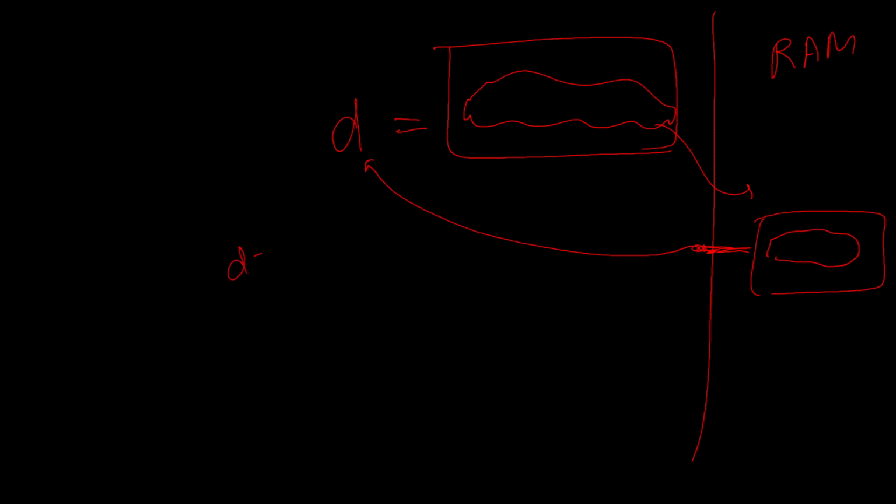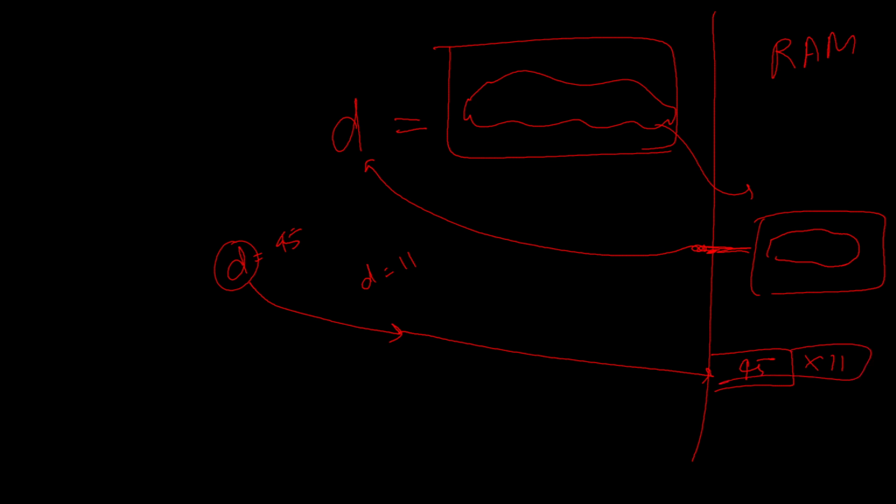So when you say d equal to 45, d is not equal to 45. d is pointing to a memory address where 45 is stored. Then when you say d is equal to 11, you're not going to the memory address and converting this into 11. No, this is not what is happening. This is still 45. 11 will be stored somewhere, and now d is pointing to that memory address.